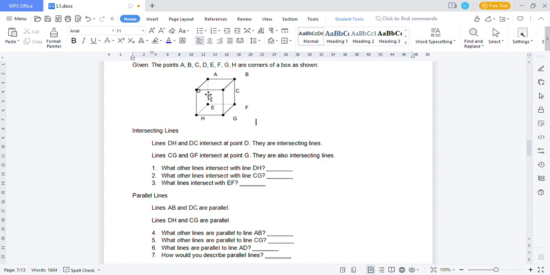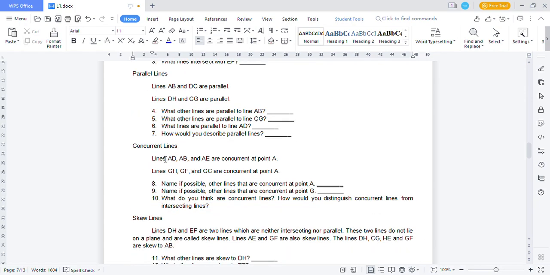They do not meet, right? They have no intersection point. AB and DC are parallel lines. Another one: line DH here and line CG here are also parallel lines, because they do not intersect with each other. They do not meet at any point.